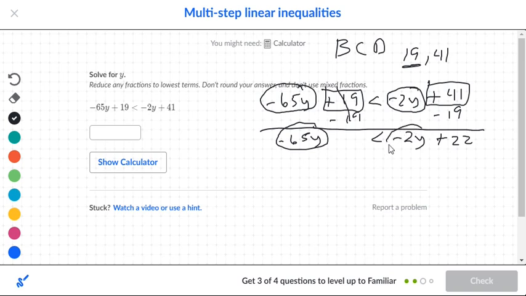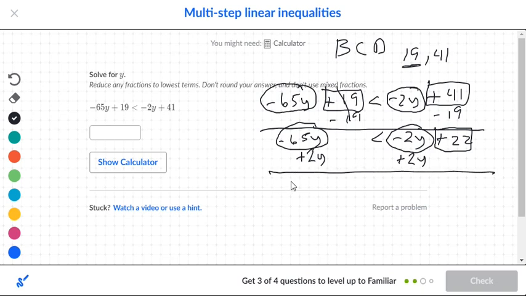Circle your letters and box your numbers. So we're going to add 2y to both sides. So now this has become a negative 63y, inequality sign, cross this out, and this gives me 22.